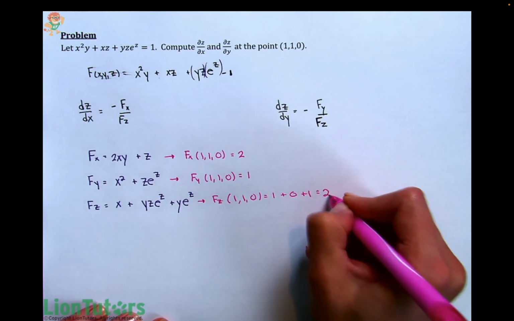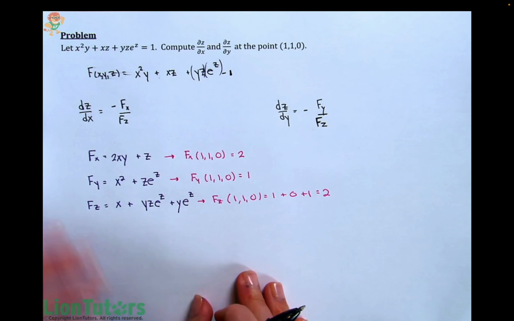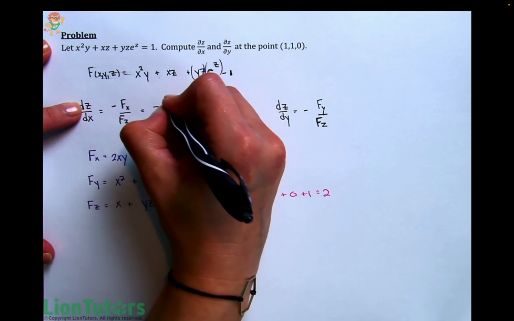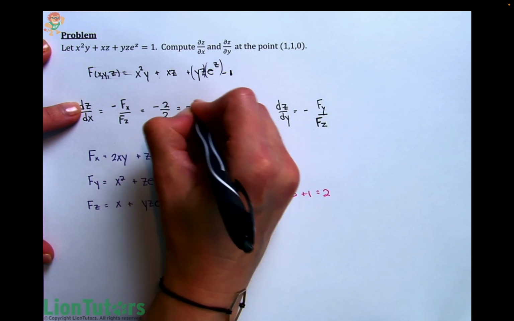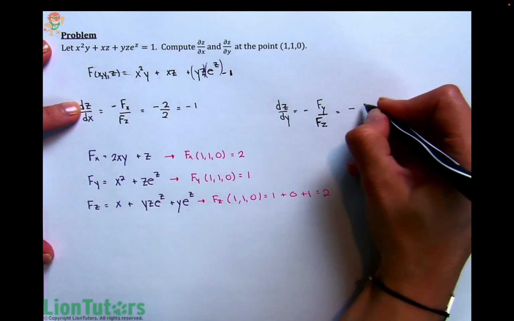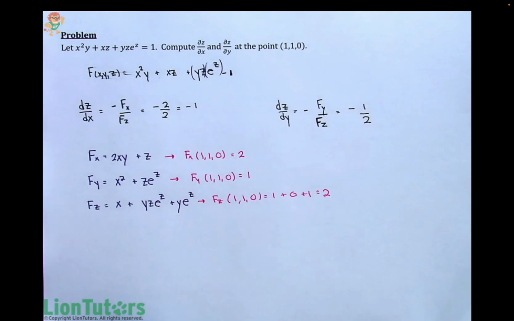So that would be 2. So plugging everything back into our formulas up here, this would be negative. Our Fx is 2, our Fz is 2, so this would give me a negative 1 overall. And then over here, this would be negative. Our Fy is 1, and our Fz is 2, so that would give me a negative 1/2 overall.